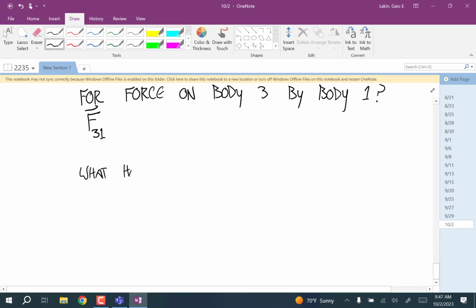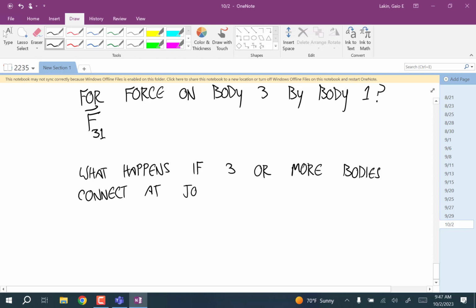So what happens if 3 or more bodies connect at a joint? We'll do a couple examples like this.